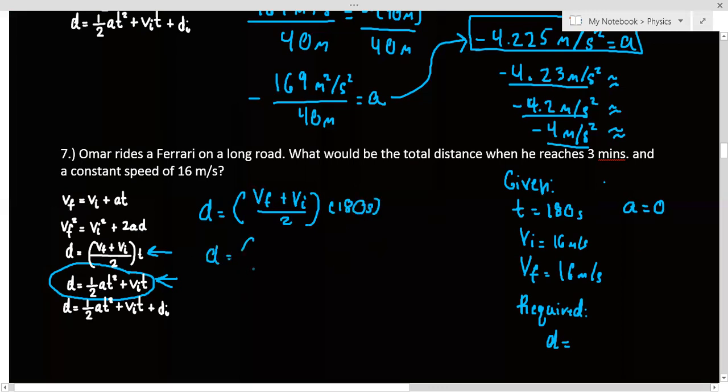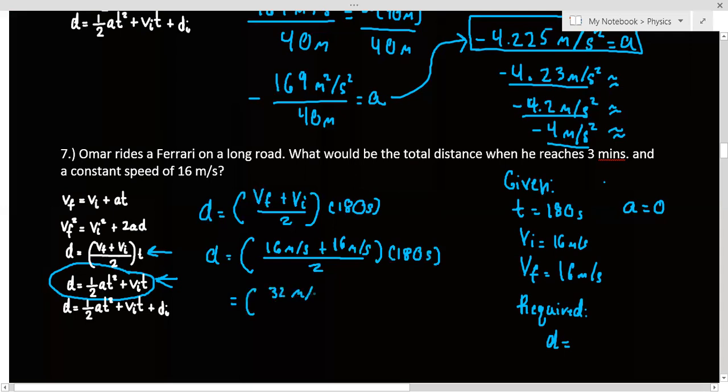The final velocity is 16 meters per second, plus the initial 16 meters per second, all over 2, times 180 seconds. So 16 plus 16 meters per second is 32 meters per second, then all over 2, times 180 seconds.